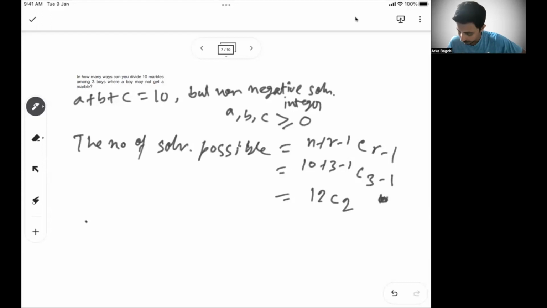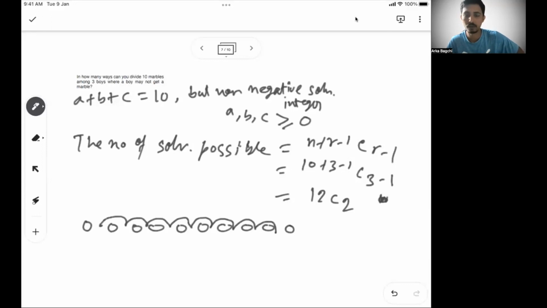Coming back to the distribution ways, there are again 10 items, 1, 2, 3, 4, 5, 6, 7, 8, 9, 10. How many gaps are there? There are 9 gaps between them, 1, 2, 3, 4, 5, 6, 7, 8, 9 gaps.